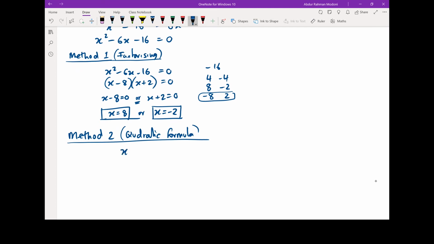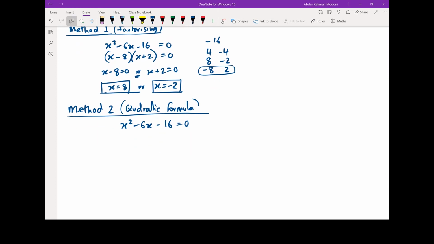Start off with the same equation, x squared minus 6x minus 16 equals 0. Write down our quadratic formula, which is x is equal to minus b plus or minus square root of b squared minus 4ac, all over 2a. You need to remember this, you need to memorize this.